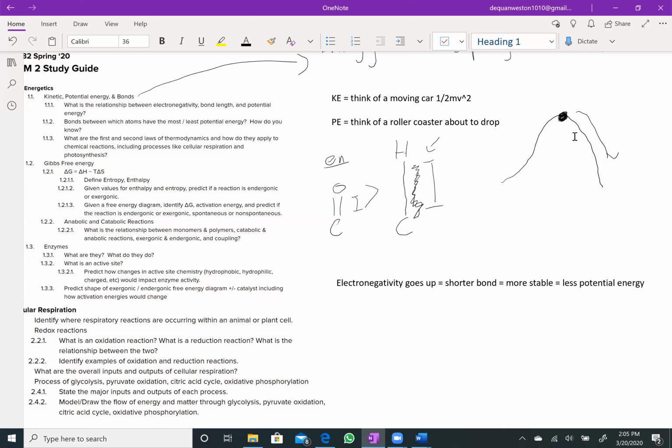Think of water, and then think of methane, ethane, propane, all of these explosive gases. And then the reverse is true. As electronegativity goes down, bond length goes up, it's less stable, and it has more potential energy.